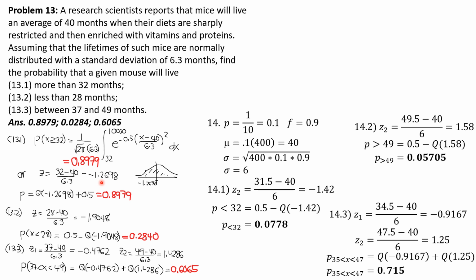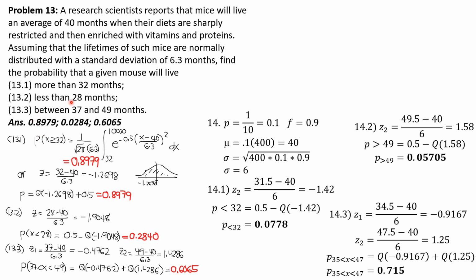That's negative 1.2698, represented by this shaded area here, because it is mentioned more than 32 months. So it is Q of negative 1.2698 plus 0.5, because this is 0.5. We get the same value of 0.8979.